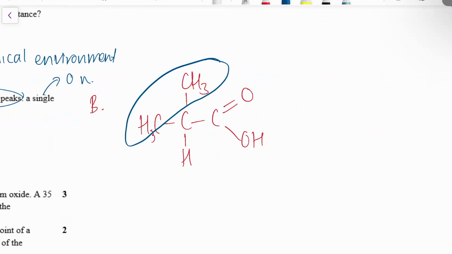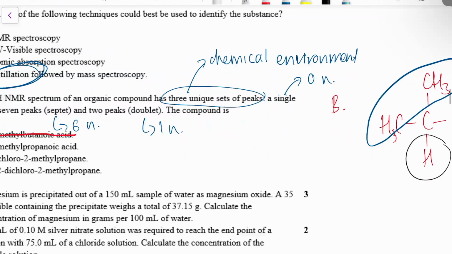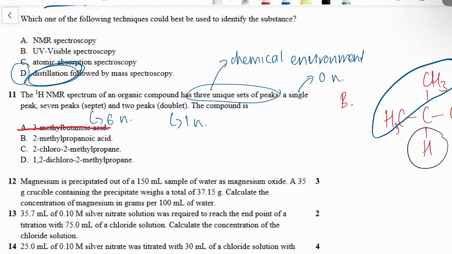These 6 hydrogens are on their own carbons, but then they end up bonded to the same carbon. And then this one, and then this one. So 3 environments as required. We want no neighbors, 6 neighbors, and 1 neighbor.